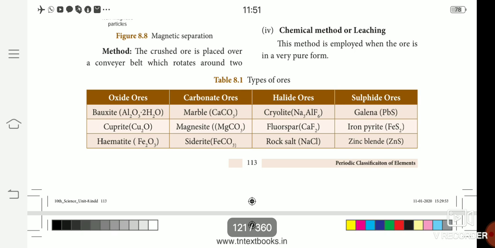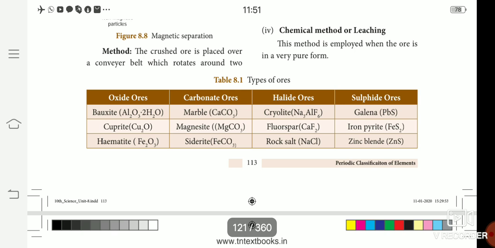In the next one, what are minerals? The elements or compounds of the metal which occur in nature in the earth's crust are called minerals. The minerals from which the metals are extracted without economic loss are called ores.